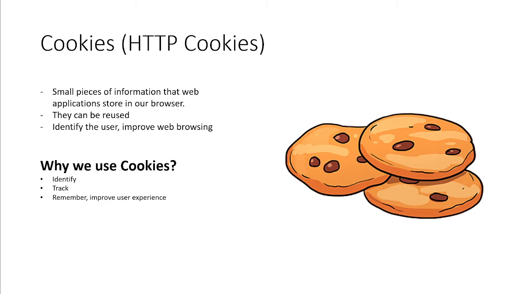Cookies are small pieces of information that web applications store in our browser. Web applications store some information in our browsers to identify the user and improve web browsing. Also, they want to identify us because they can apply advertisements according to our profile. Also, they want to track us.